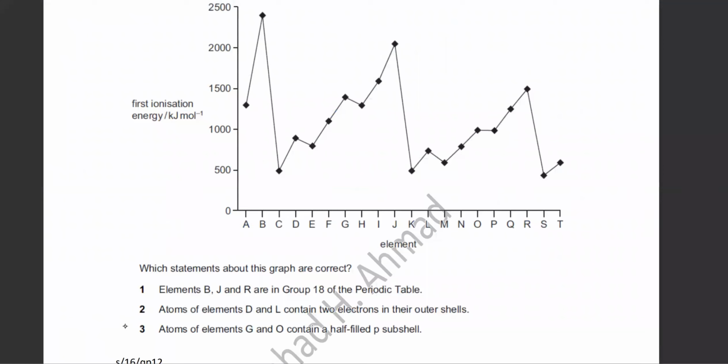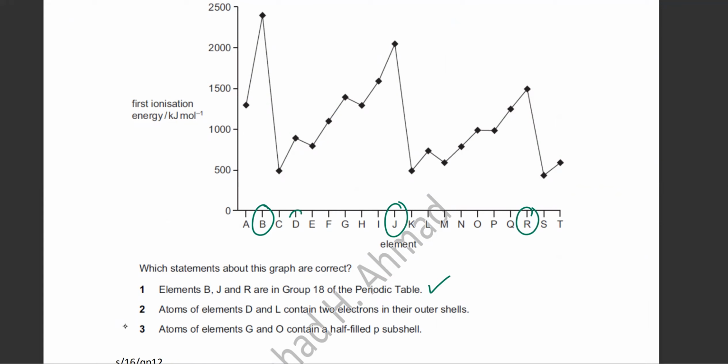Now, which statement is correct with this graph? B, J, and R are in group 18. So you've got B over here, J over here, and R over here. Are they in group 18? Yes, they're obviously in group 18. Atoms of D and L contain 2 electrons in the outer shell.